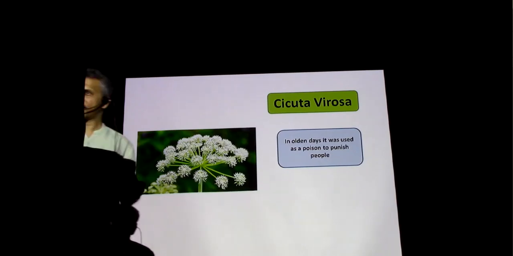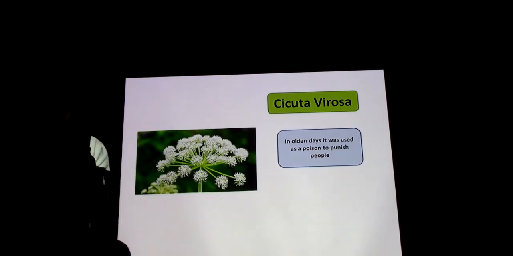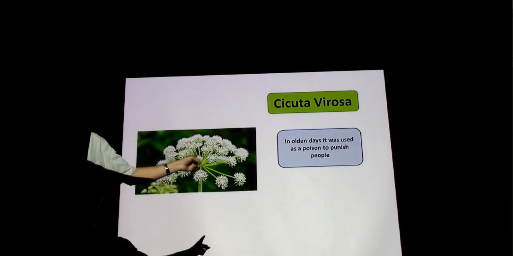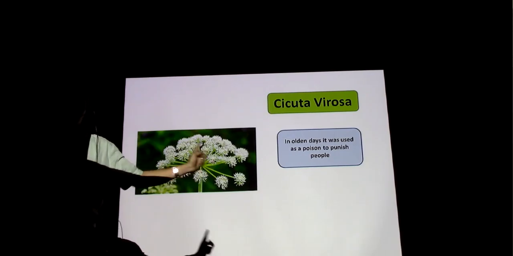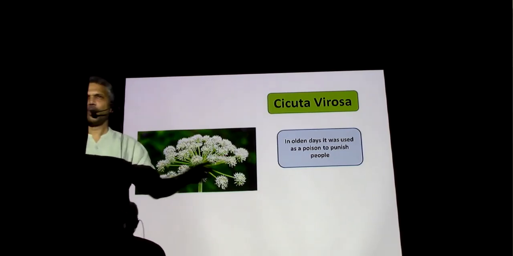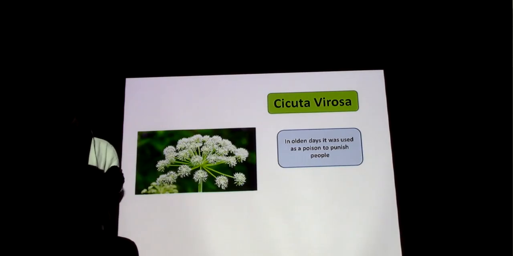If somebody was writing against the emperor, somebody going against the emperor, they were jailed, but they were poisoned with either Conium mac or Cicuta virosa. Conium, what is the common name? Poison hemlock. Very good. And this is called water hemlock. Conium, common name is poison hemlock, and Cicuta, common name is water hemlock.